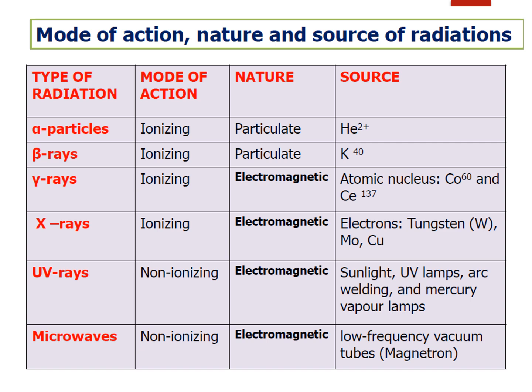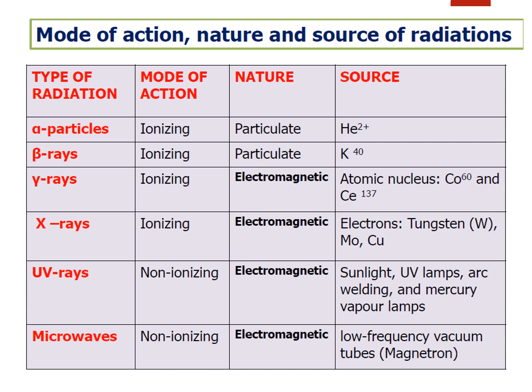Ultraviolet rays and microwaves are non-ionizing radiation. The nature of radiation is either particle nature or electromagnetic in nature. Alpha particles and beta rays are particle nature. Gamma rays, X-rays, UV rays and microwaves are electromagnetic in nature.